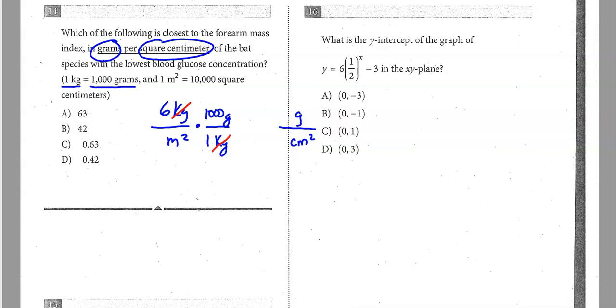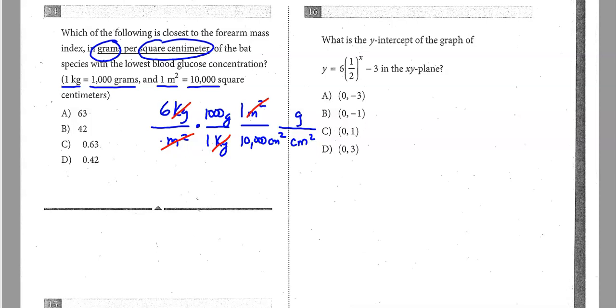Now we have to get rid of the meters squared. Since meter squared is on the bottom, I need to put it on top to cancel it out. And 1 meter squared is 10,000 square centimeters. So I can now cancel out my meters, one on top, one on bottom.